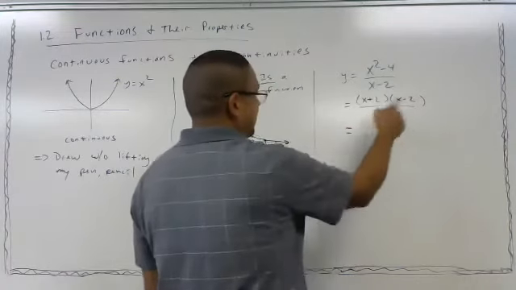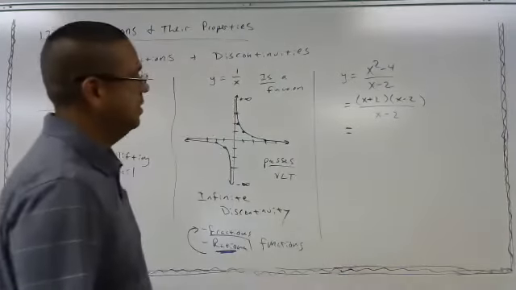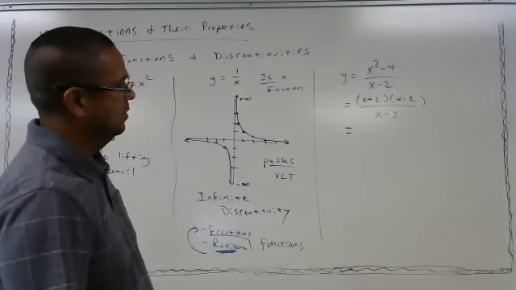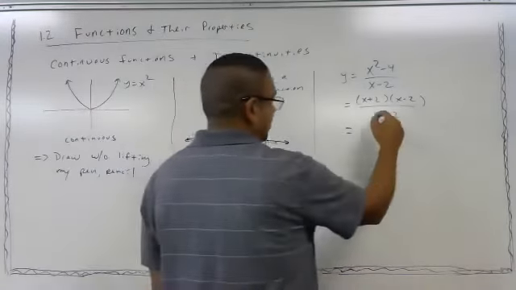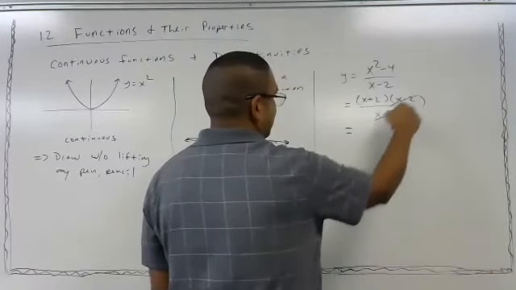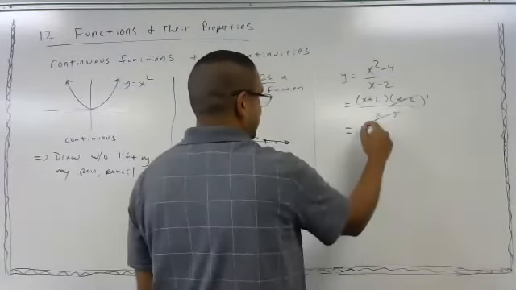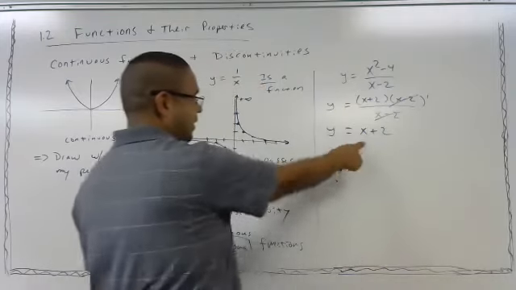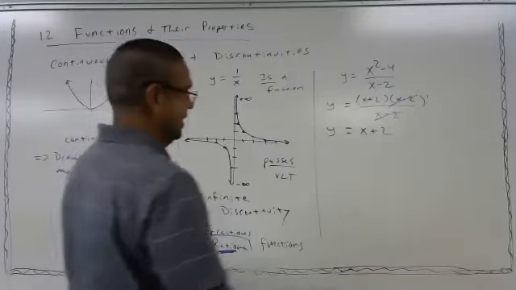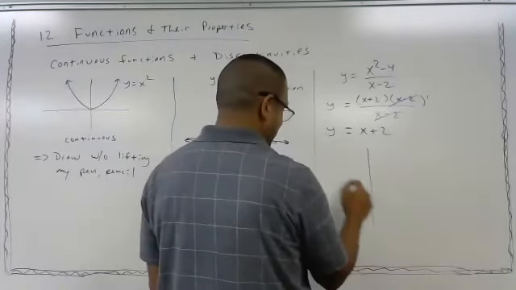From your algebra training, what does your brain want to do now? Cancel out the x minus 2's. We divide those. So this divides into this one time, and 1 times x plus 2 is x plus 2. Hey, I can graph that, right? At least I hope you can.